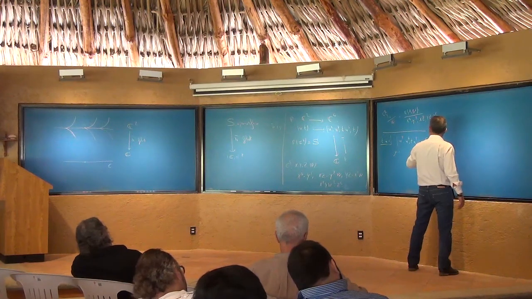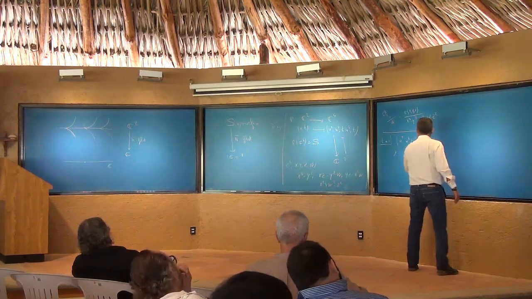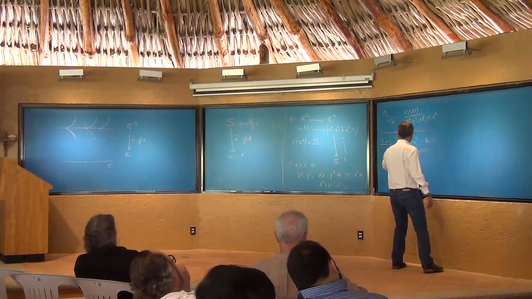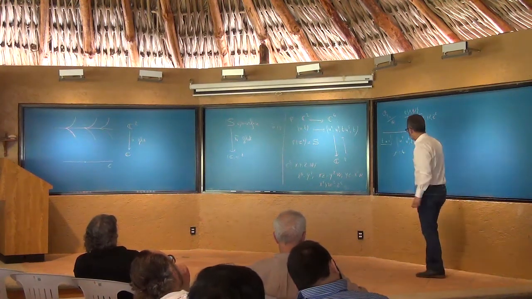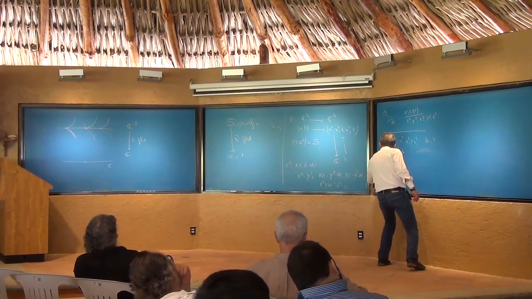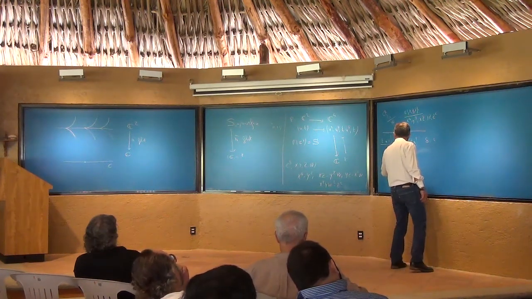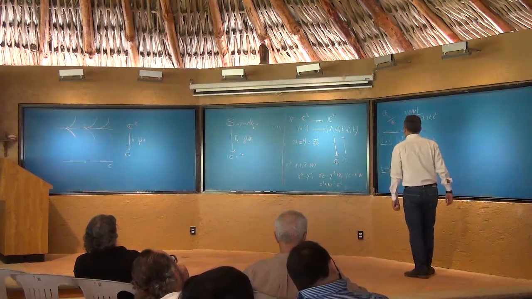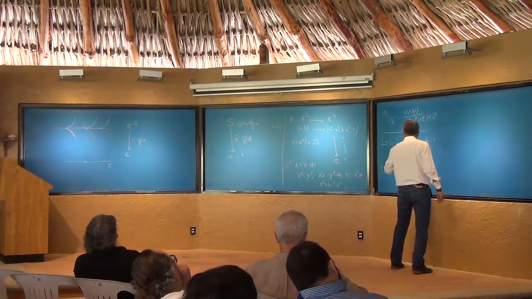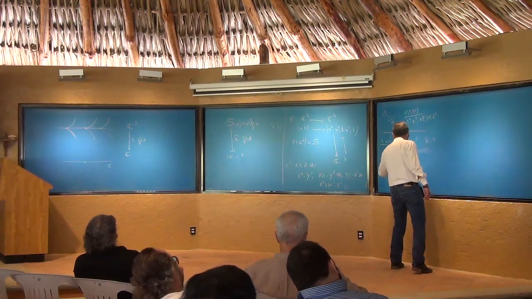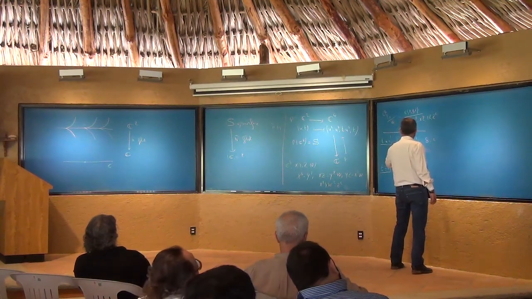So delta is 2, so the Milnor number is 4. If I take t equals 0, the parameterization is given by (u^3, u^4), and in this case delta is 3, and the Milnor number is 6.